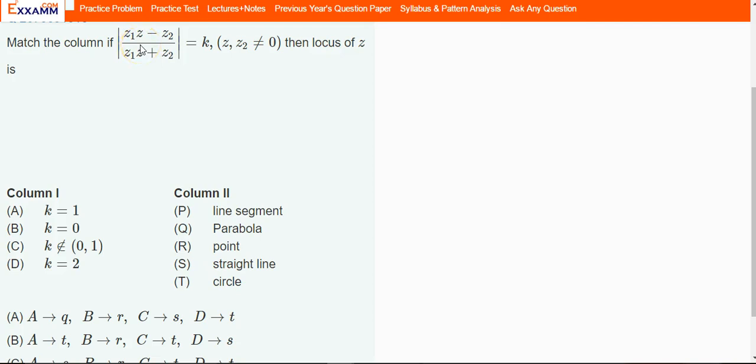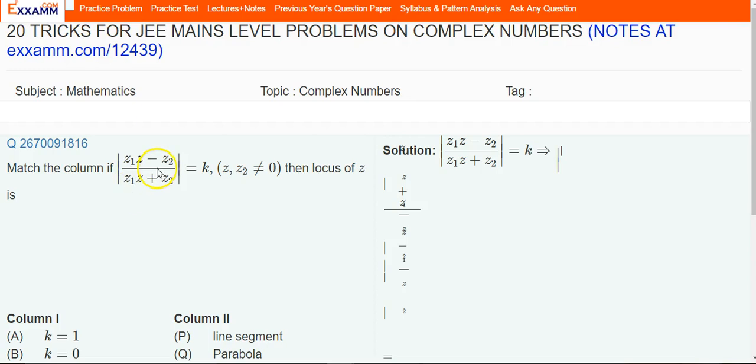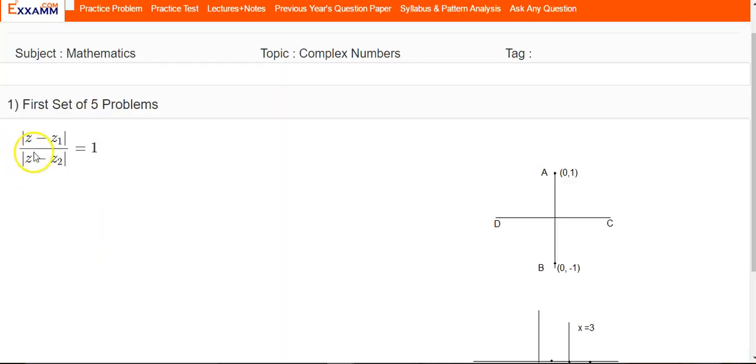Now this complex number can be written, when we divide by z1 from both top and bottom, as modulus of z minus z2 upon z1 divided by modulus of z plus z2 upon z1. So let us revise some theory for this kind of pattern. This pattern occurs quite often in various exams.